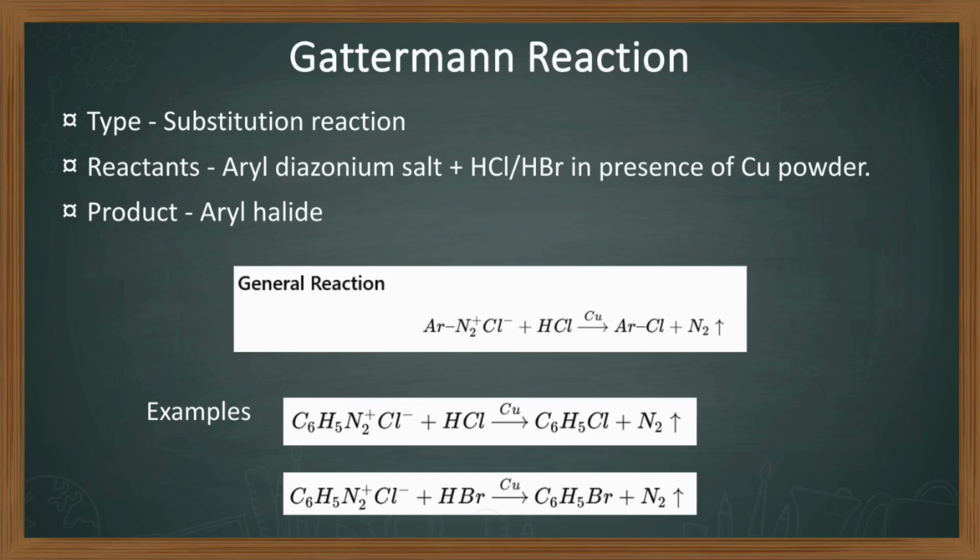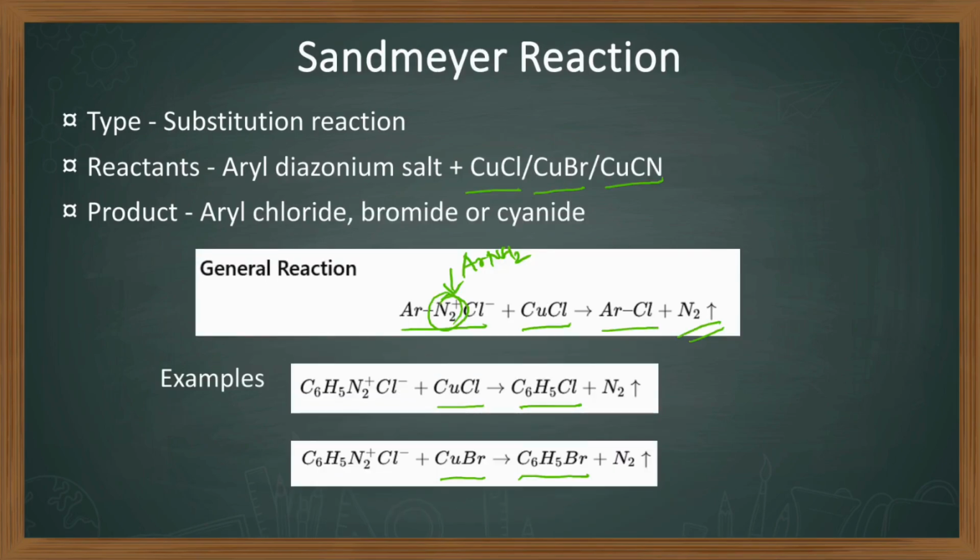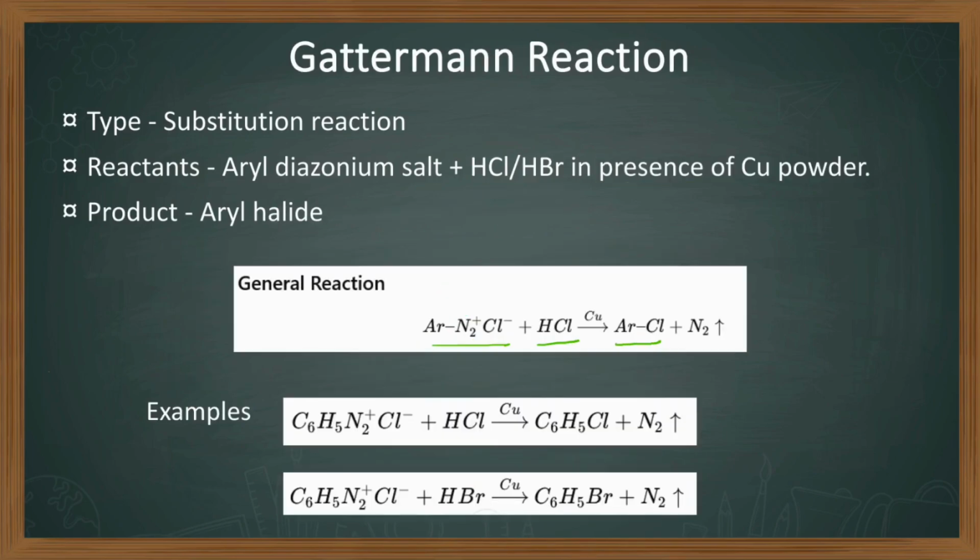The next reaction is Gattermann reaction. Here the reactant and the final product are the same as in the case of Sandmeyer reaction. The difference lies in the reagent. In the case of Sandmeyer reaction, it was cuprous salt. In the case of Gattermann reaction, it is hydrogen chloride or hydrogen bromide in presence of copper powder.